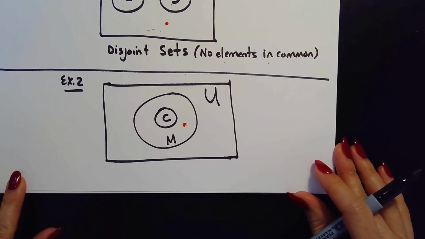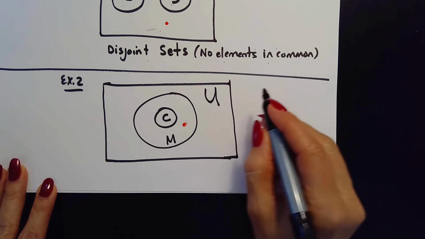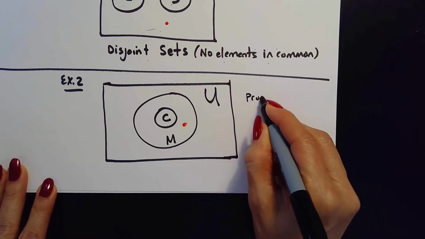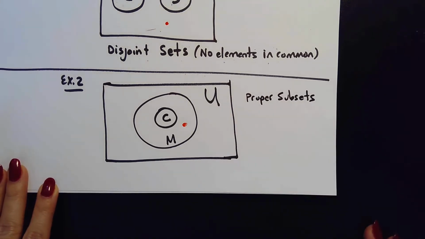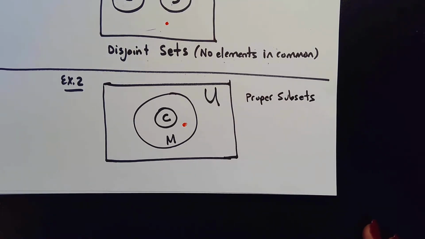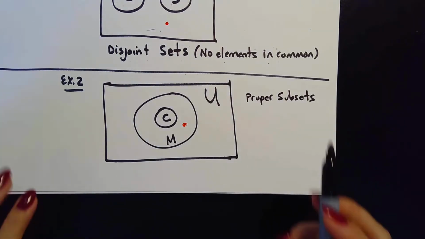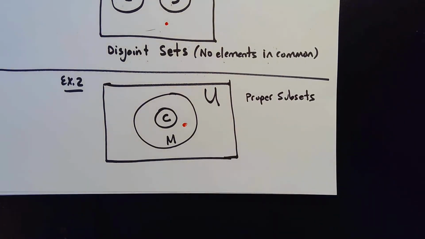And so we call these proper subsets. So that would be example 2. And remember not to use a small u for the universal set. It's normally a capital U. All right, so that's example 2.